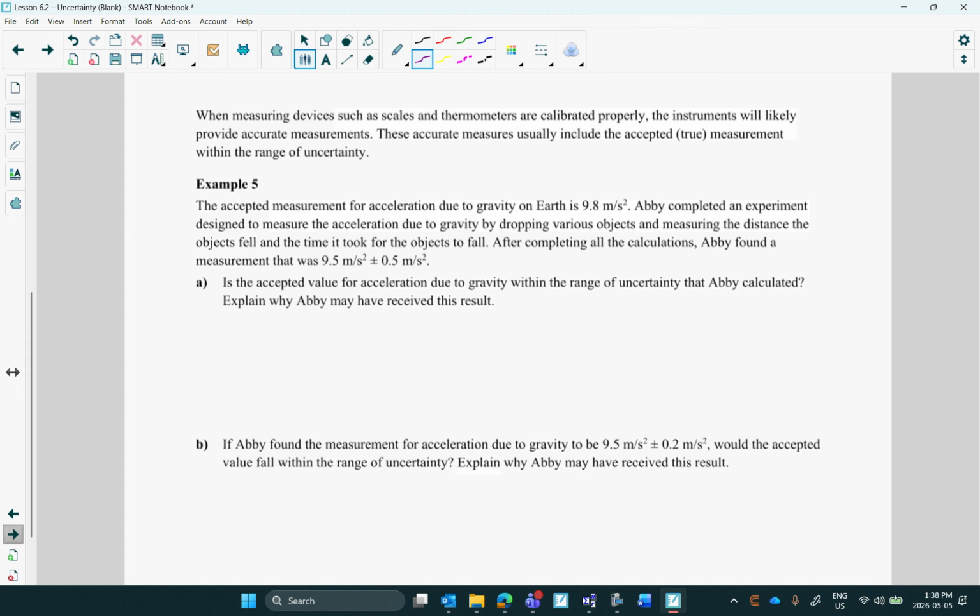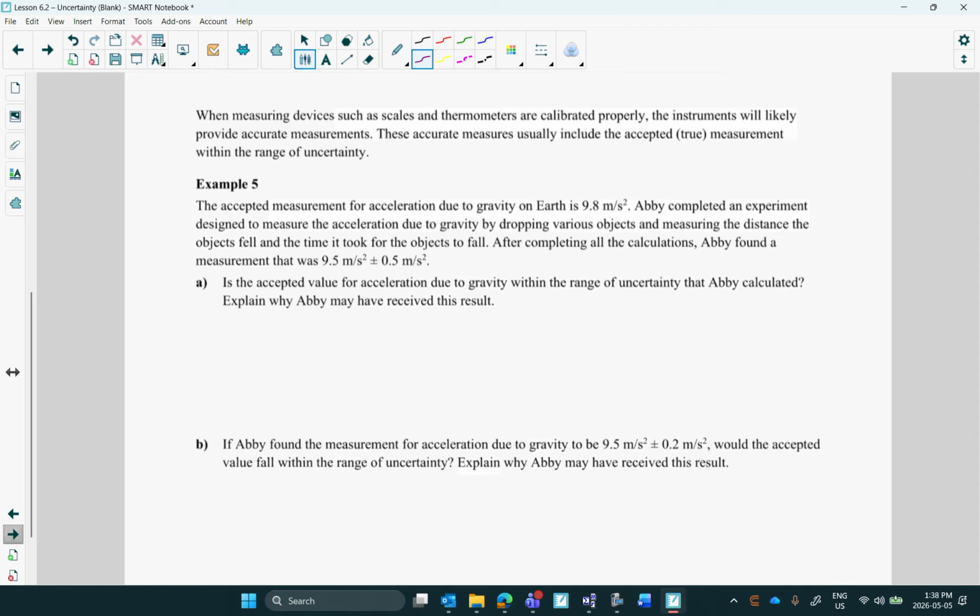After she got her calculations, she got a measurement that was 9.5 plus or minus 0.5. Is the measurement that she got, including the uncertainty, within the actual measurement?